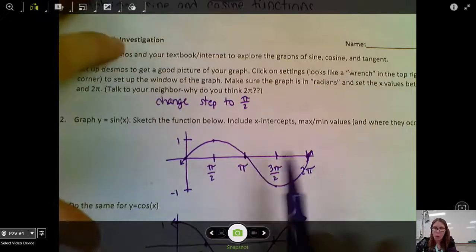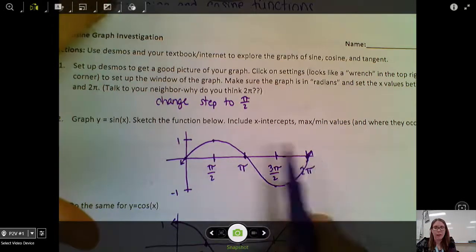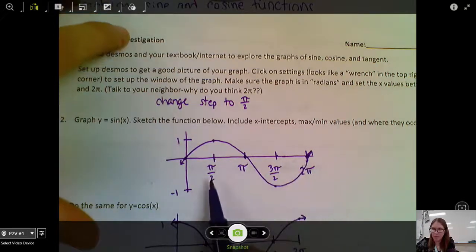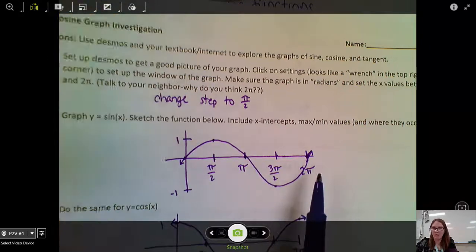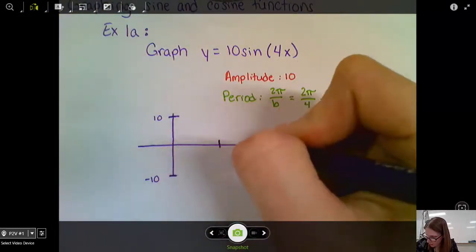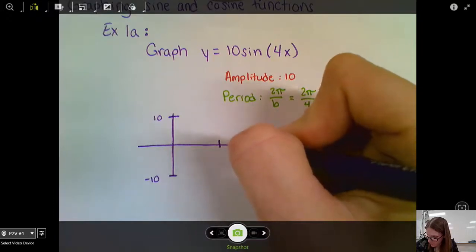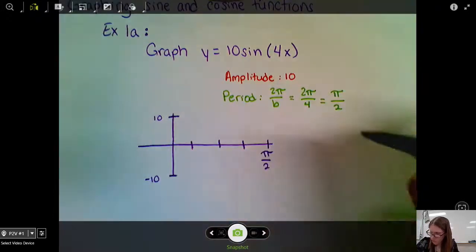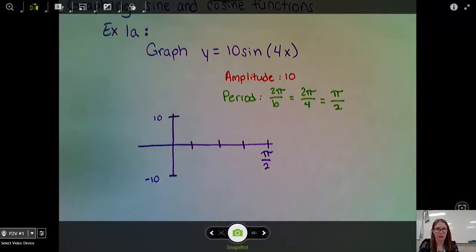So I need to figure out what these quarter points are. And when our period was 2 pi, we had a half of a pi, a full pi, 1.5 pi, 2 pi. Still want to see these quarter points. But we need to figure out what those labels are going to be.